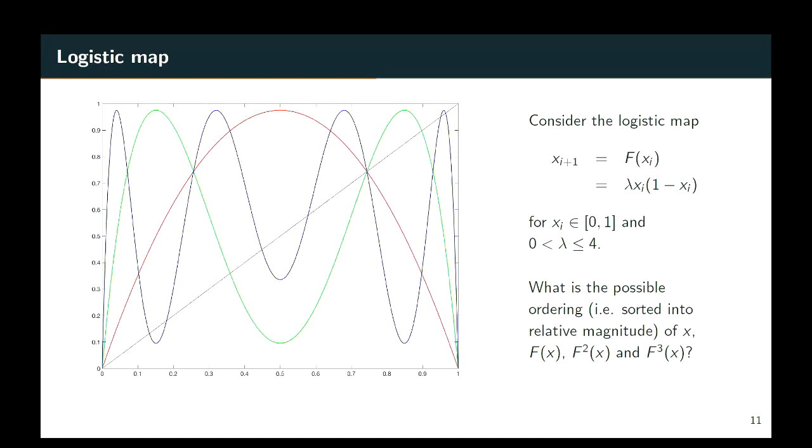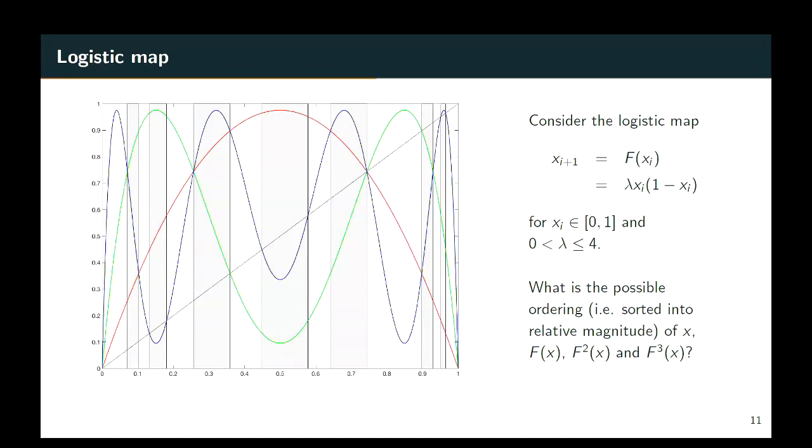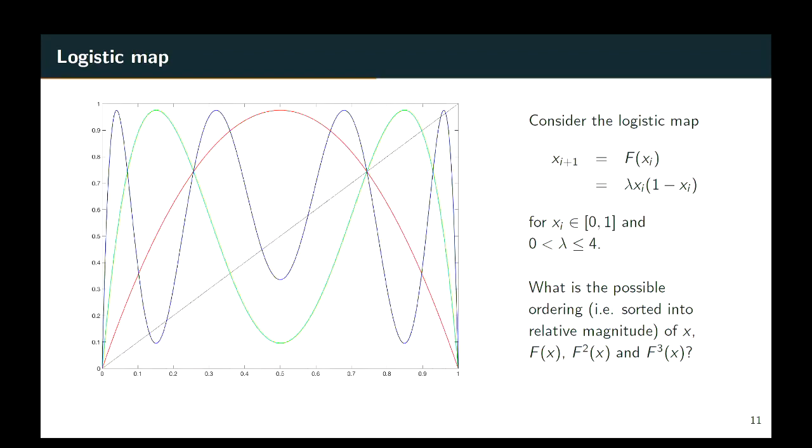The black line is x_t, the red line is x_(t+1), the green line is x_(t+2), the blue line is x_(t+3). So I've got x_t, t+1, t+2, t+3.